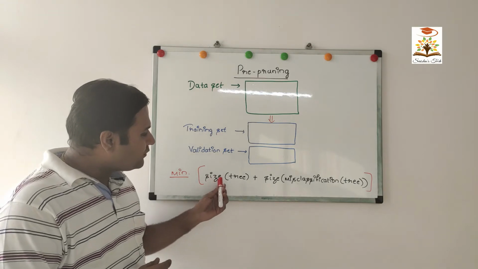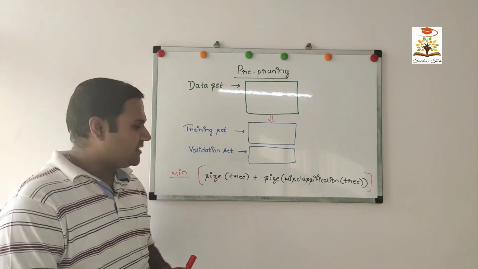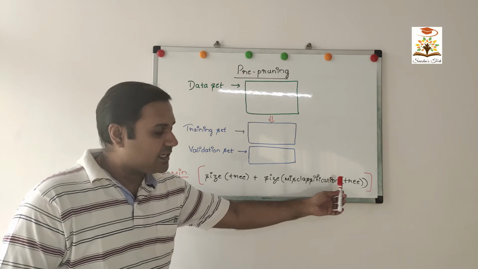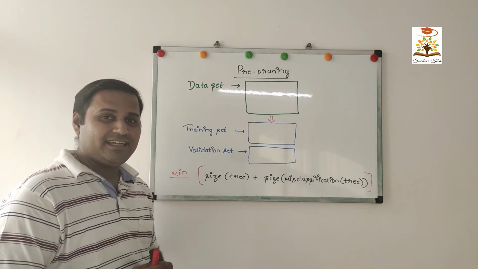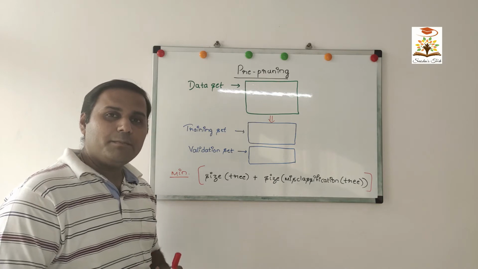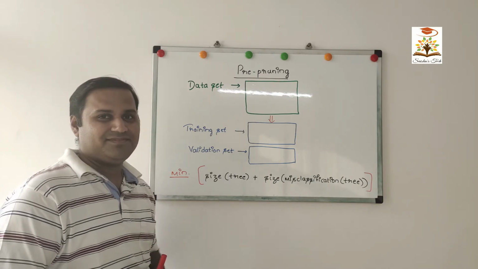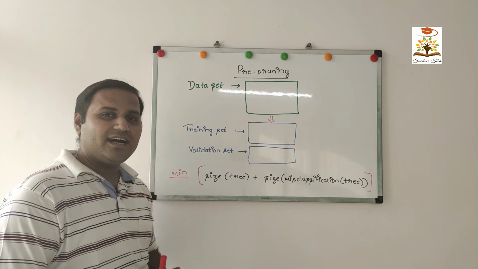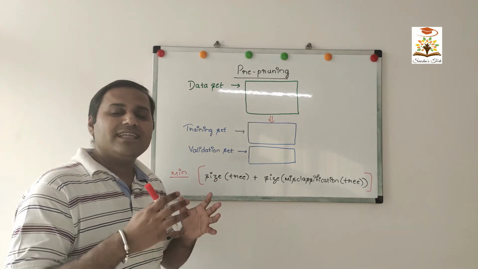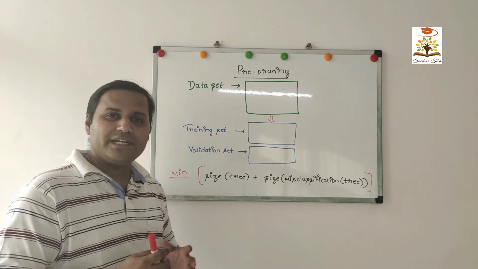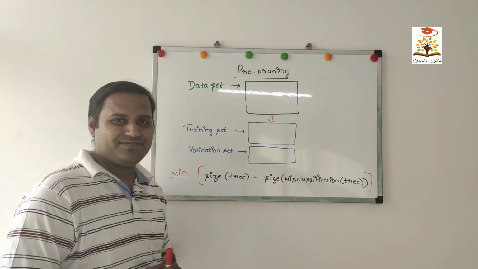When the size of the tree plus the size of the misclassification of the tree gets minimized, at that time you stop building your tree. This is how the pre-pruning technique works to reduce the error of overfitting in decision tree.